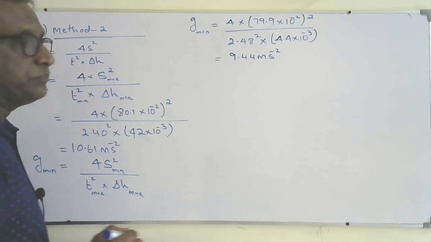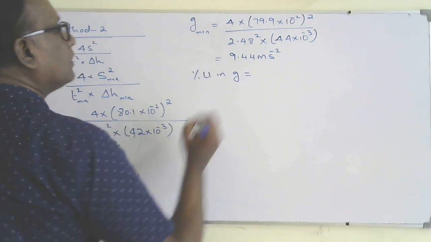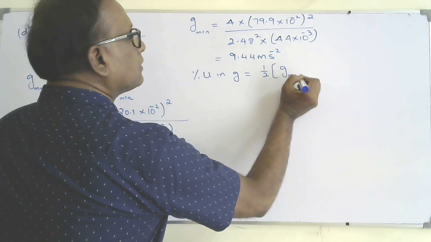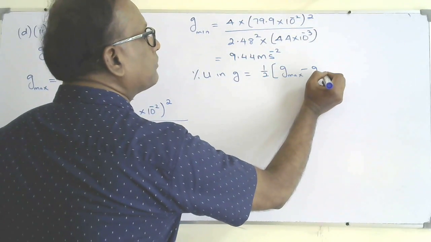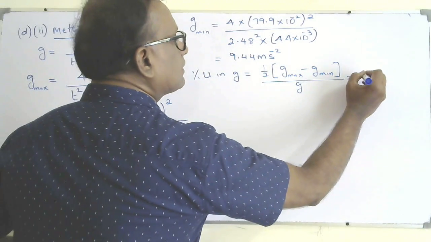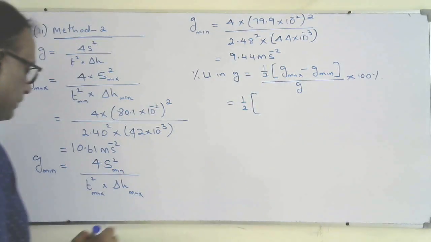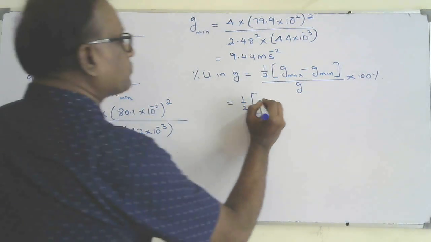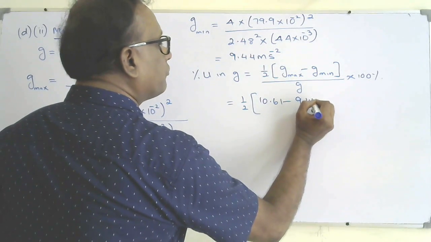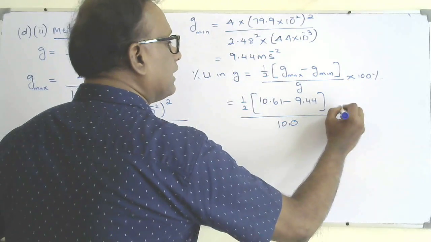So I need to find the percentage uncertainty. It is half into G max minus G minimum over the value of G we obtained, into 100%. So that will be half, G max is 10.61 minus 9.44 over 10.0 into 100.